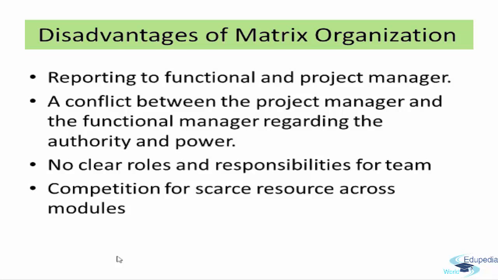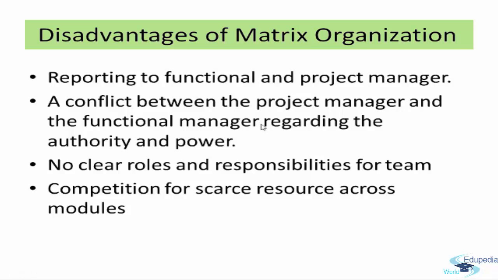So both of them could be in the same cadre, or sometimes the functional manager can be at a higher level than the project manager. So they may not like to report to a junior within the organization. So there would be a conflict between these people in teams regarding who has got more authority and power in the organization.